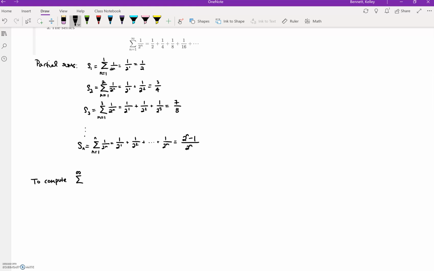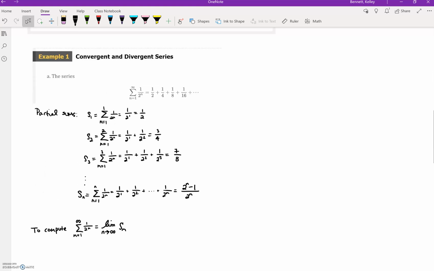So then if we wanted to determine the series, the infinite sum, n equals 1 of 1 over 2 to the n, it's going to be equal to the limit as n goes to infinity of the partial sums. So this is the big idea for this section: you want to express your series as a partial sum, take the limit of the partial sum, and that's actually the infinite sum that represents the series.